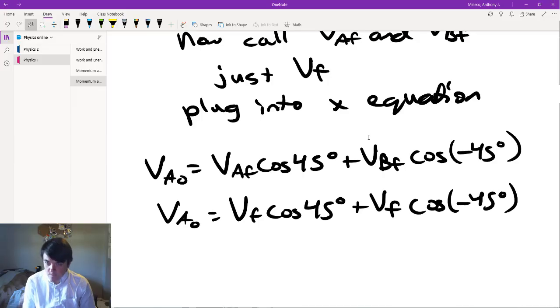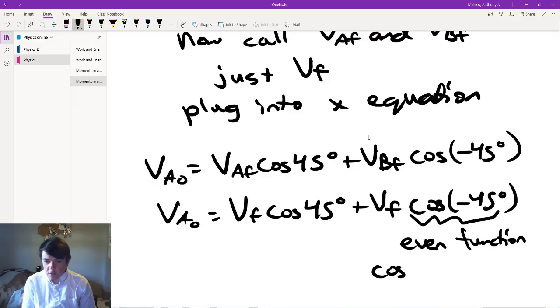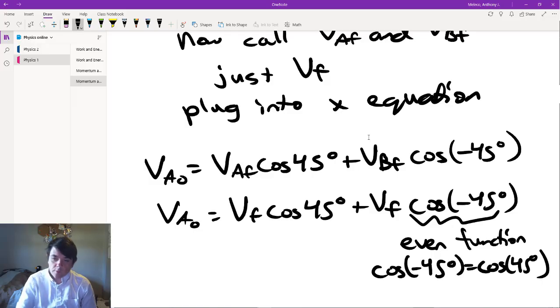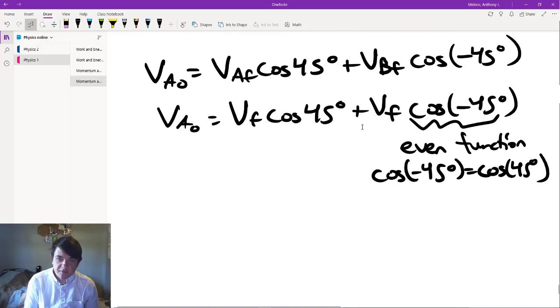Or is it? So cosine is an even function, which means cosine of minus 45 degrees equals cosine of 45 degrees. So we can now rewrite it again.